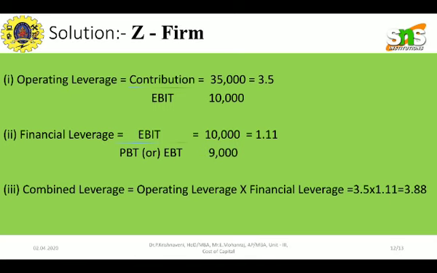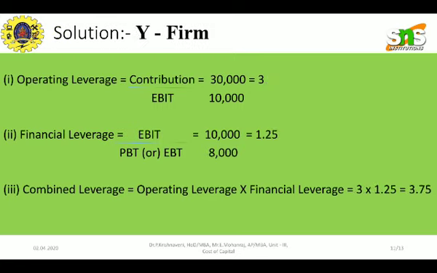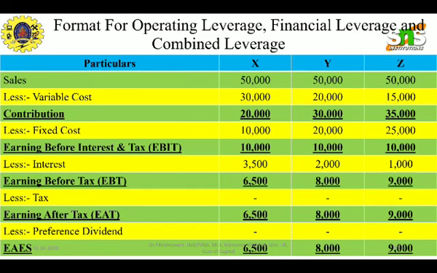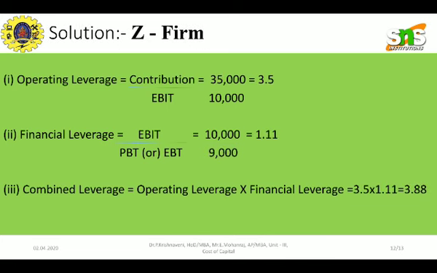EBIT is 10,000 and EBT is 9,000. Then 10,000 divided by 9,000 is 1.11. Then combined leverage is 3.5 into 1.11, that is equal to 3.88.